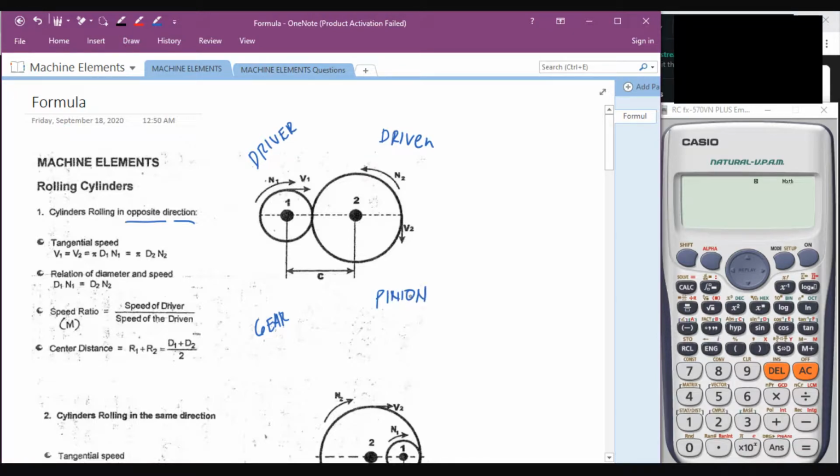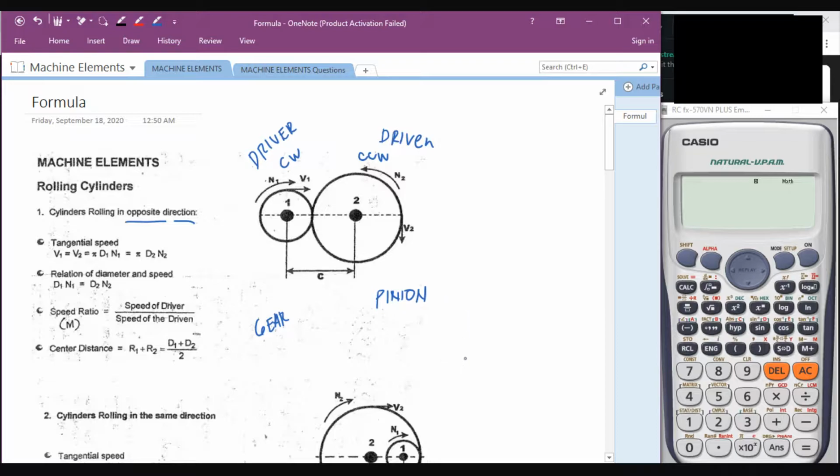We can say they are rolling in opposite direction if the driver is turning in a clockwise direction and then the other one in contact is turning counterclockwise. Ganun natin masasabing sila ay opposite direction.